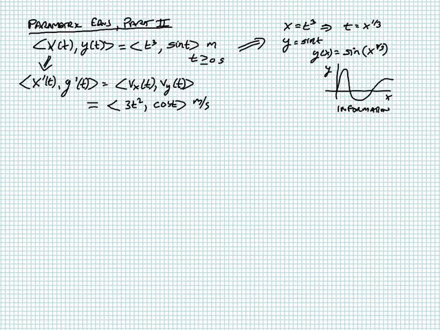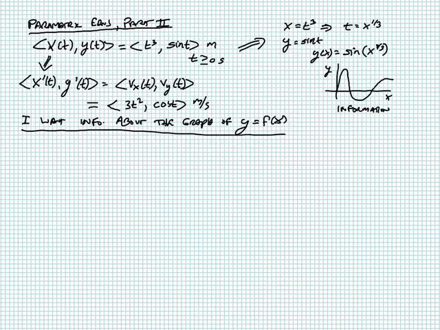But again, I want information about the graph of y as a function of x, and I want to stay in the realm of time. So the first piece of information that I want to look for is dy dx.